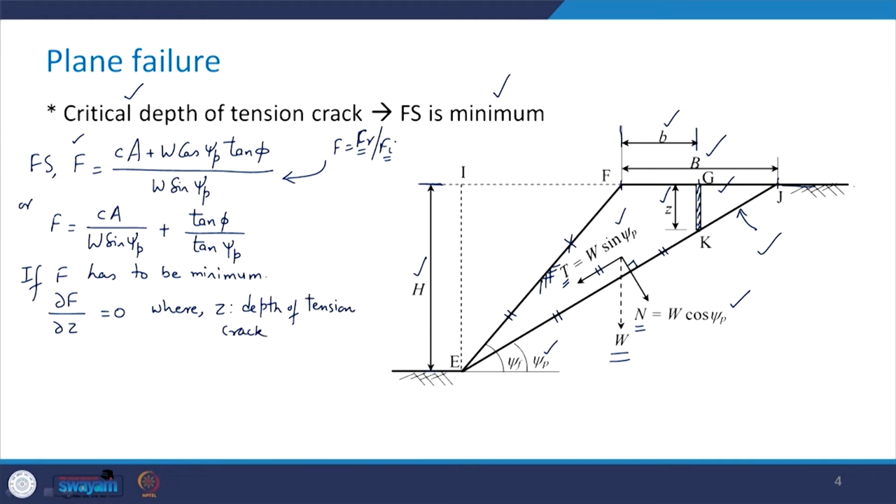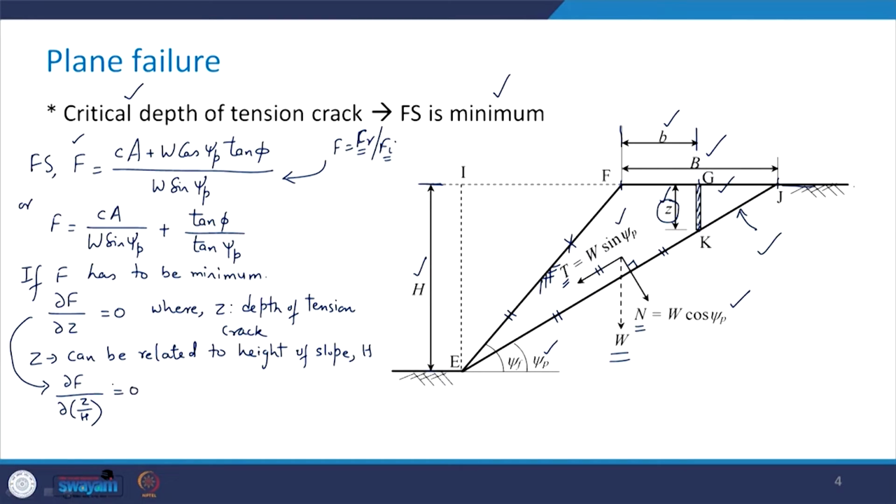And you can see what Z is here in this figure as well. Now, this Z can be related to the height of the slope. What is the height of slope? It is h. So, I can write this expression as del F del Z upon h to be equal to 0.